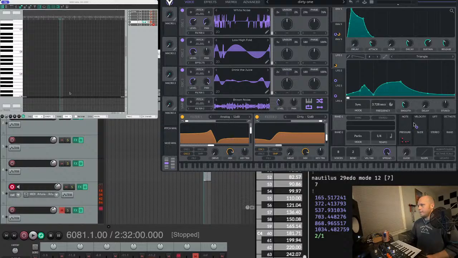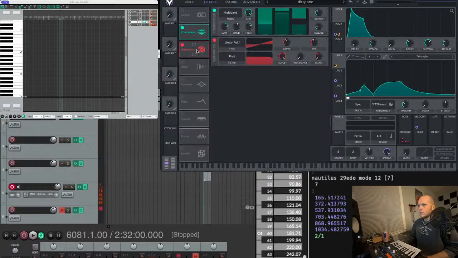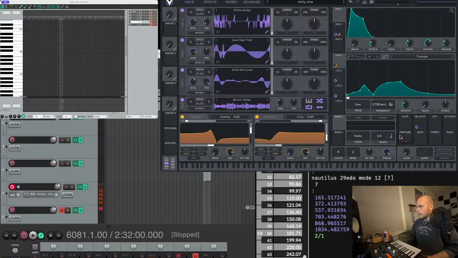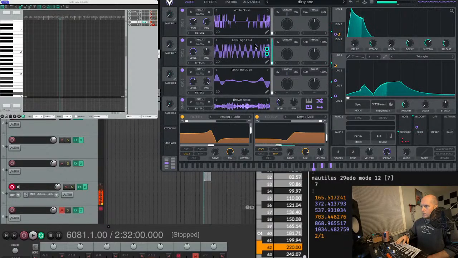Anyway, I put a lot of the pressure stuff on that distortion. And then the velocity I put on this, which is the main sound.